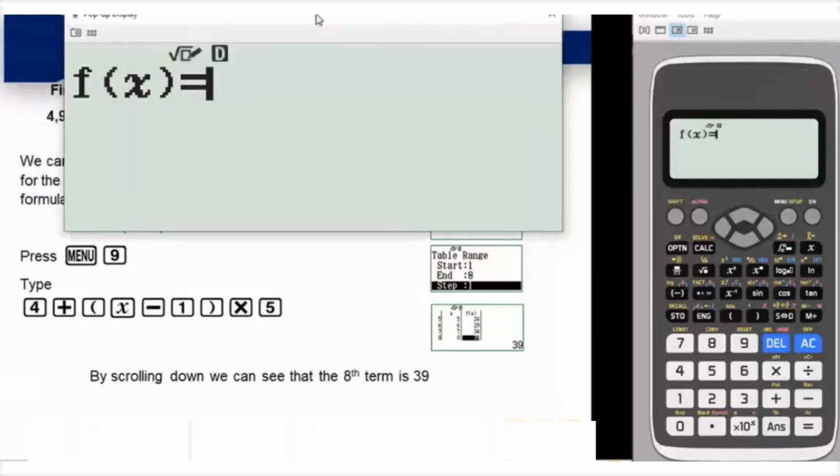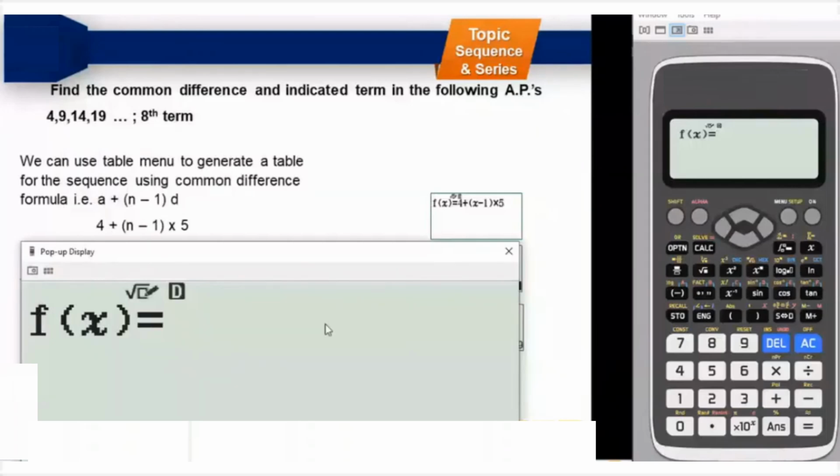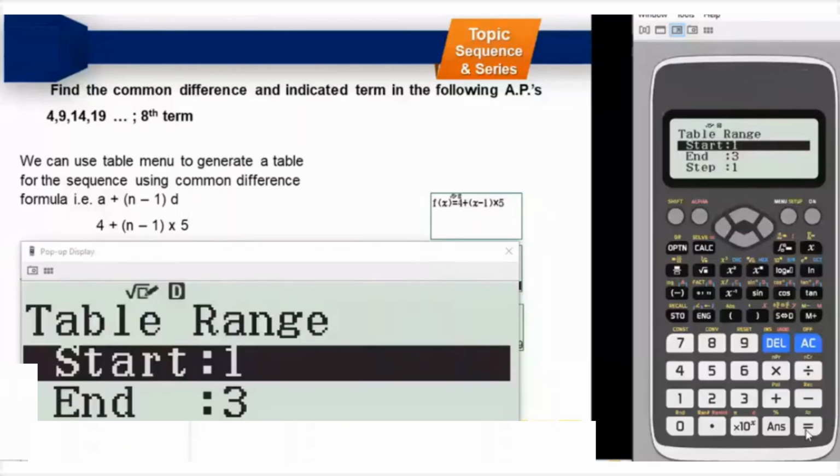What I'll do is write in the function as 4 plus x minus 1, and the common difference is 5. So I have made a particular equation, and now I will start the first term with 1, and I need the 8th term.